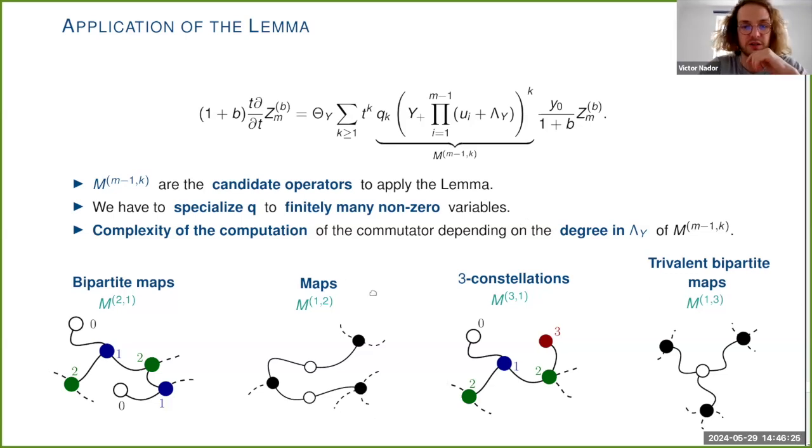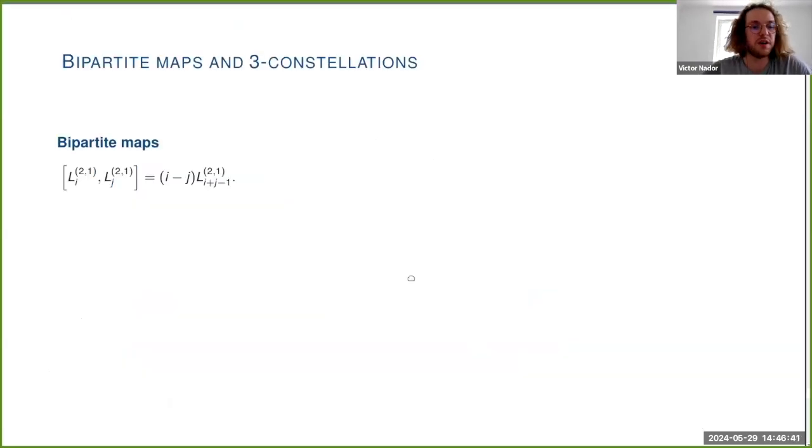So for example, here you would have q_2 non-zero and here q_3 non-zero. But obviously you can combine the two, and we are sure that this will remain well behaved. And so now the final step is simply to compute our commutators. In the case of bipartite maps, things are not too difficult, and you can check that we get, unsurprisingly, the Virasoro algebra.